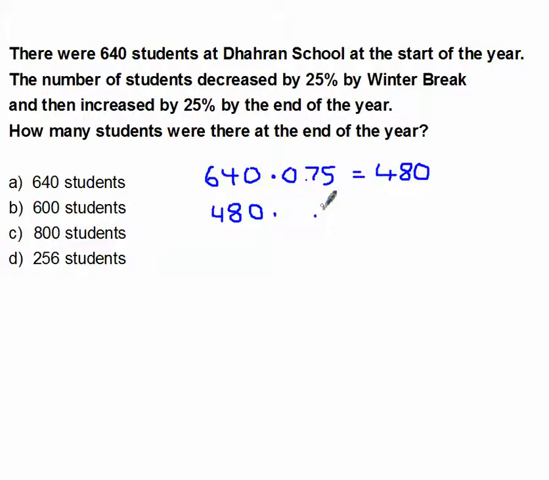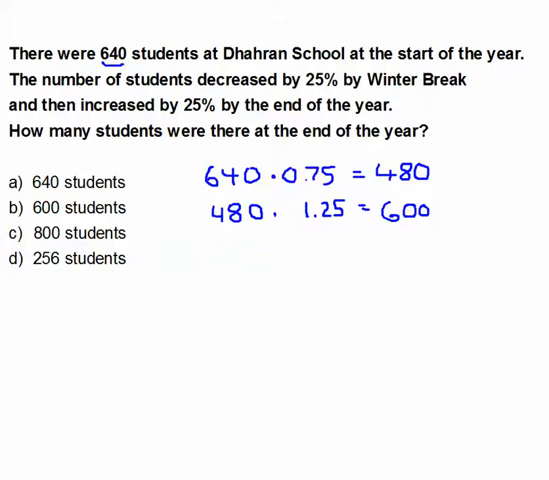Well, we're at winter break at 480 students, and the number of students increases by 25%. So 25% as a decimal is 0.25. If I want the 25% to be added onto the 480, I add a 1. And when I calculate that product, I end up with 600. So, same as the last one. We started at 640, but when we went down 25% and then up 25%, we ended up at 600, which was less than the original number of students we started with.